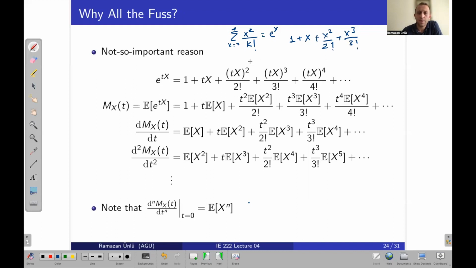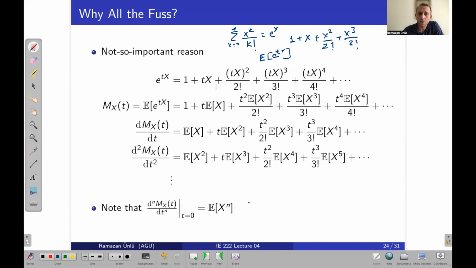So remember, what was the moment generating function? That was the expected value of e to the tx, right? So instead of x, if we just put tx, we can say that e to the tx will be equal to 1 plus tx, plus tx squared divided by 2 factorial, plus tx cubed divided by 3 factorial, etc.